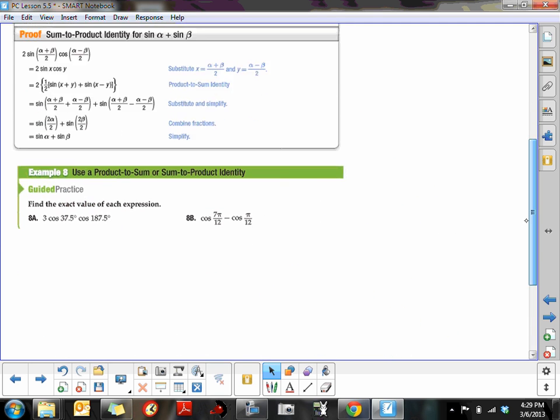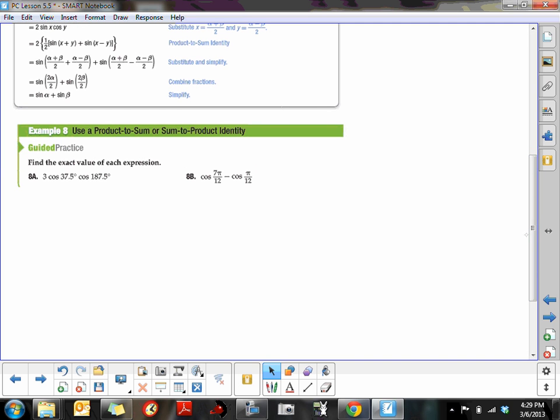For 8b, we see that it's a cosine of a difference. So we're going to look up our cosine of a difference and go from a sum to a product identity. First, I'm going to think of this as alpha and this is beta. So I'm looking for the one that matches the cosine of alpha minus the cosine of beta.